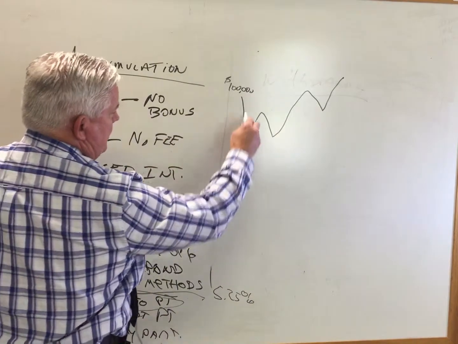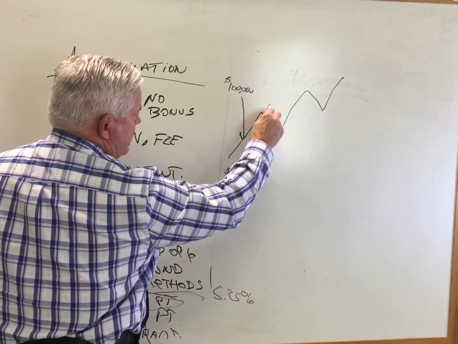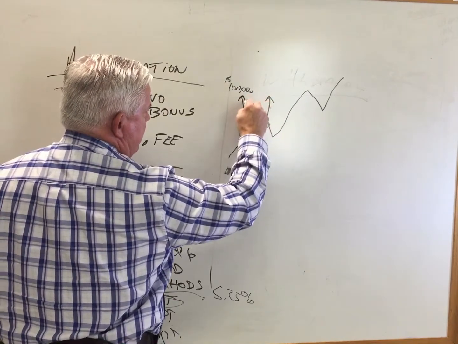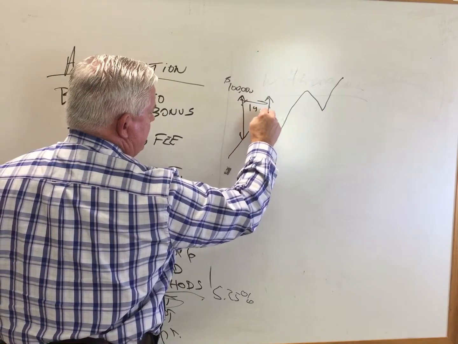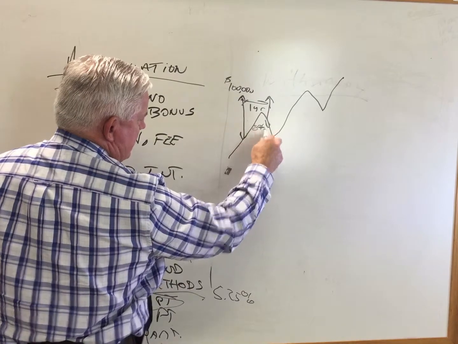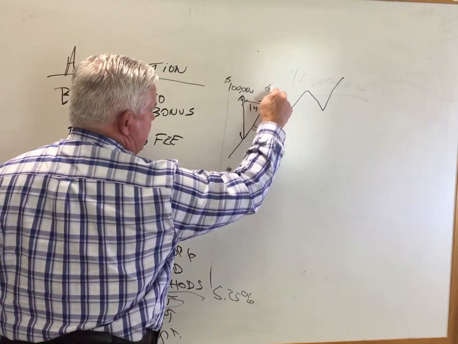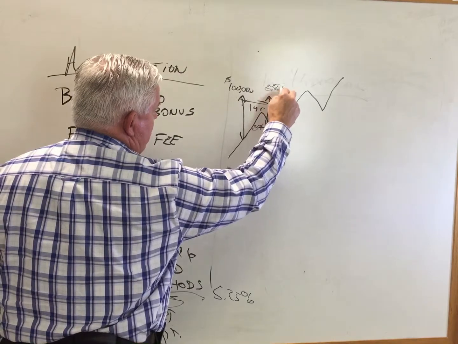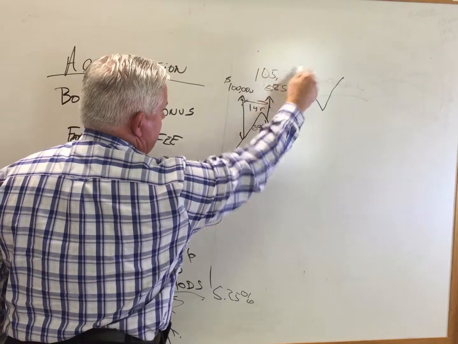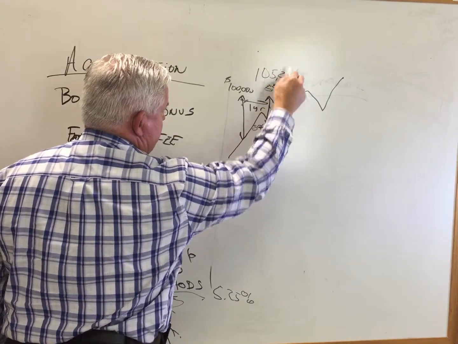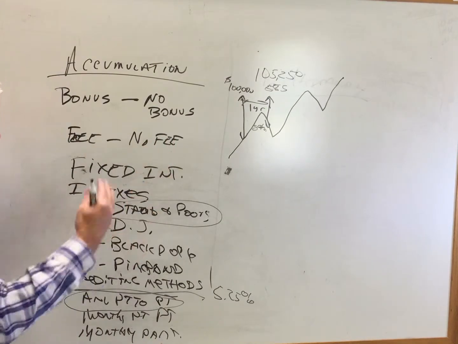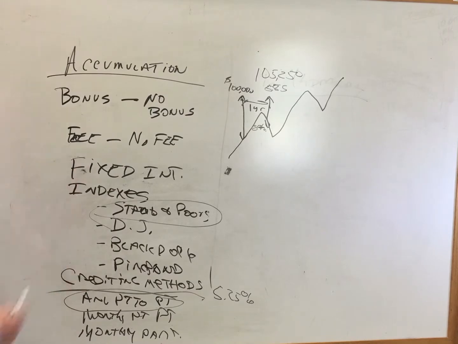Say the market goes up, and 1 year later, they measure the market again, and it's up 8%. Well, then you get the full credit of 5.25% on top of the $100,000. So it goes to $105,250. Okay, so that's the annual point to point.